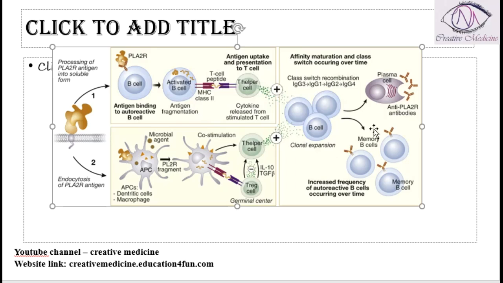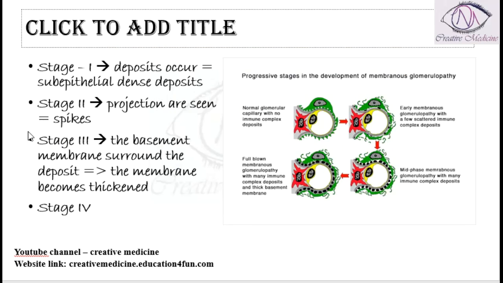These cytokines in turn stimulate the B cells, resulting in conversion of B cells to plasma cells, leading to the production of antibodies. These antibodies are present against the phospholipase A2 receptors, and thus these receptors are destroyed, resulting in membranous glomerulonephritis. So in membranous glomerulonephritis we have four stages.